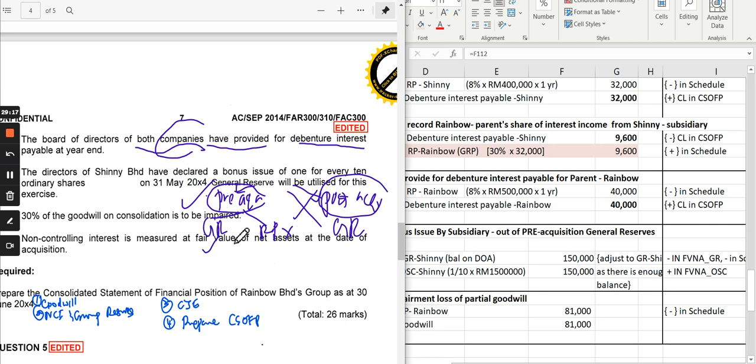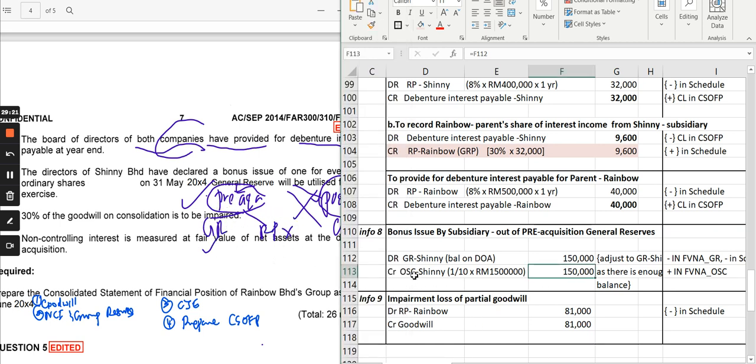As I said, you can use general reserve, retained profit, and any other reserve, for example asset revaluation reserve as well. So you will debit general reserve. Remember, we are utilizing the balance. When this happens, it will affect the fair value of net assets because we are utilizing the balance on the day of acquisition.